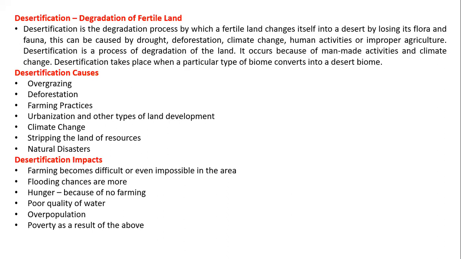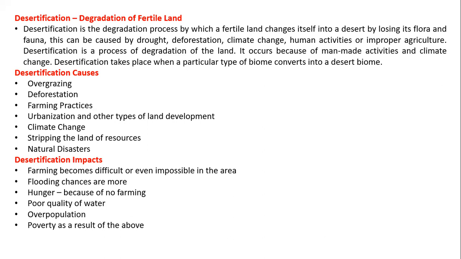That leads to formation of desert. That's why it's called desertification. It is a process by which fertile land changes itself into desert by losing its flora and fauna. This is caused by drought, deforestation, climate change, human activities, or improper agriculture.